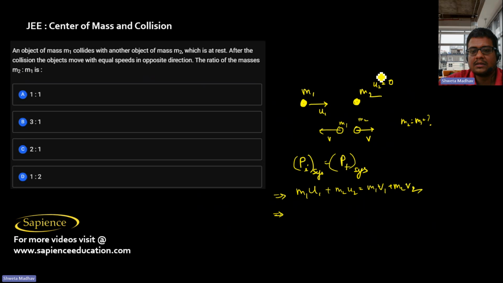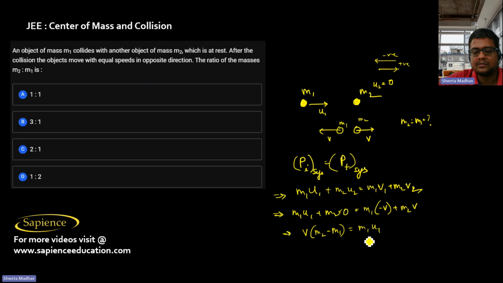If we take the direction towards right as positive, then the direction towards left will obviously be negative. So m1 u1 plus m2 into 0 is equal to m1 into minus v plus m2 into v. So I can say v into m2 minus m1 is equal to m1 u1.